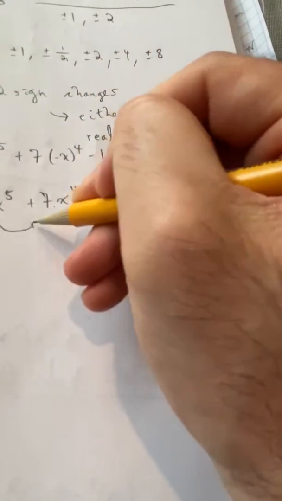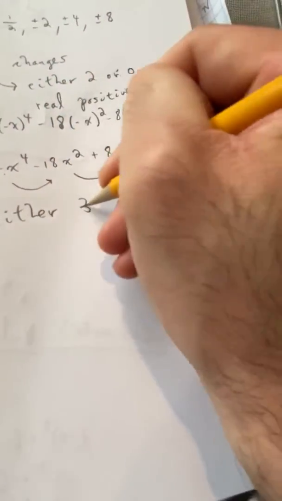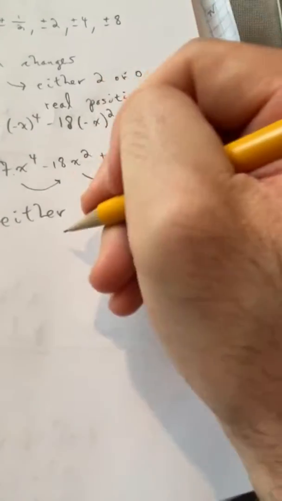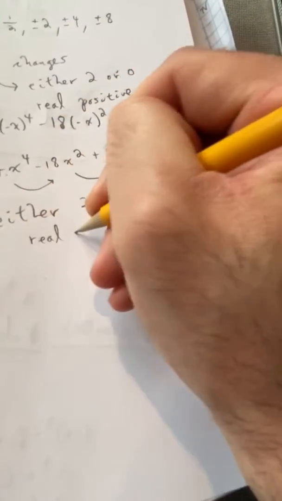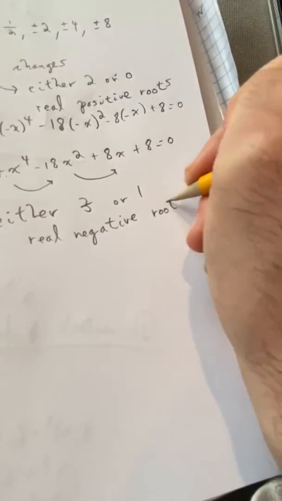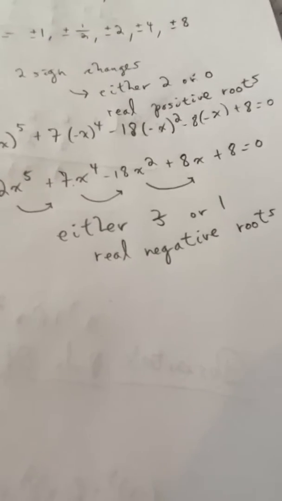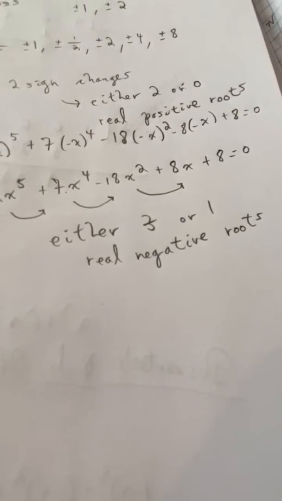So we have 1, 2, 3 sign changes. So we're going to have either 3 or 1 real negative roots. Maybe that'll be helpful, maybe it won't, but it's good to know either way.